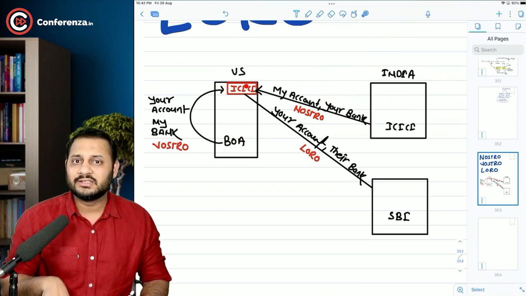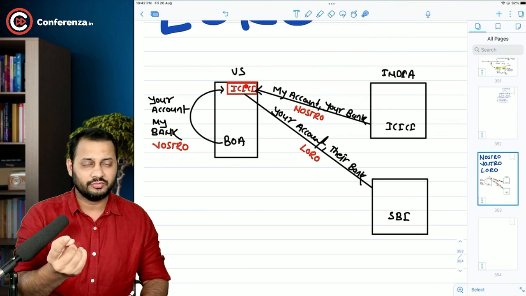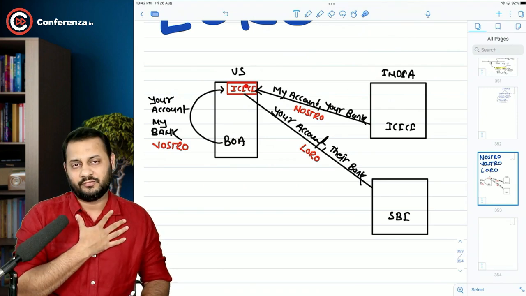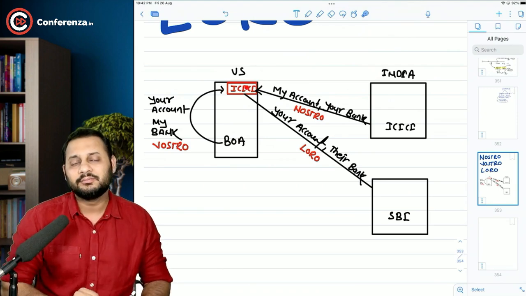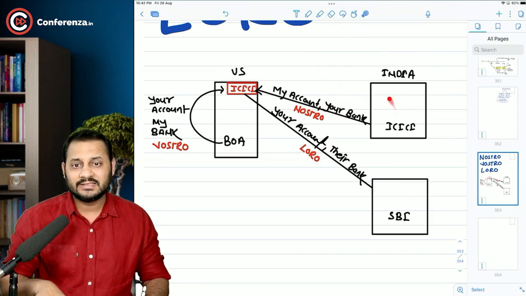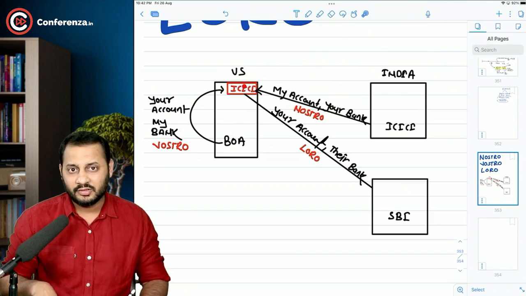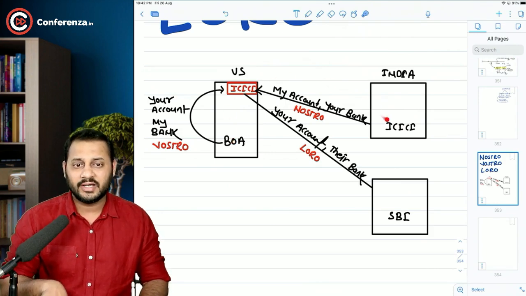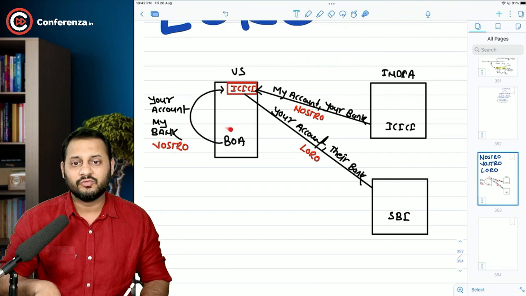If the account is yours, it's nostro for you and vostro for me. And that account should be in my bank. Got it? ICICI's account in Bank of America is a nostro for ICICI and vostro for Bank of America.